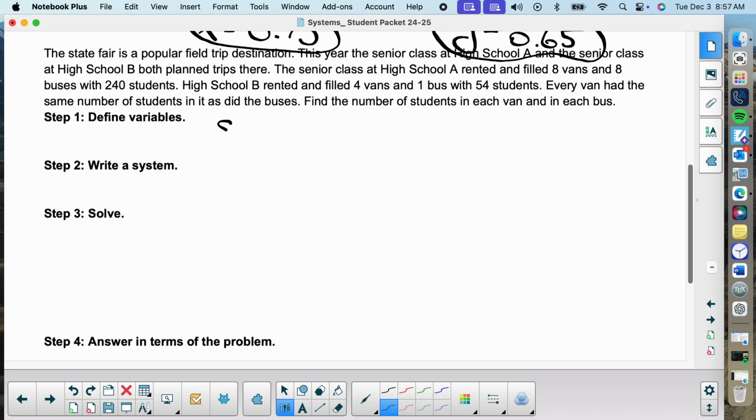We are going to write this as 8 vans, 8 buses, 240 students. So if I write it down like that, this is what you're gonna see pull up to the state fair: the buses and vans.